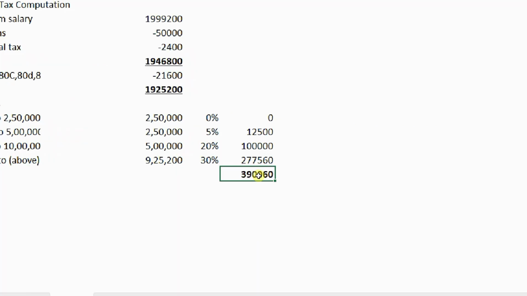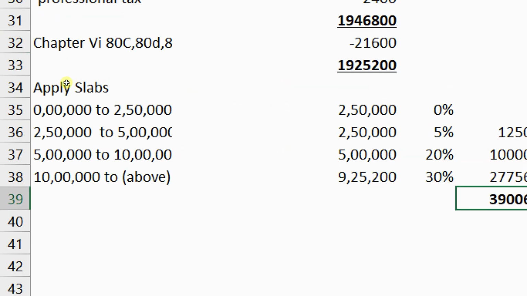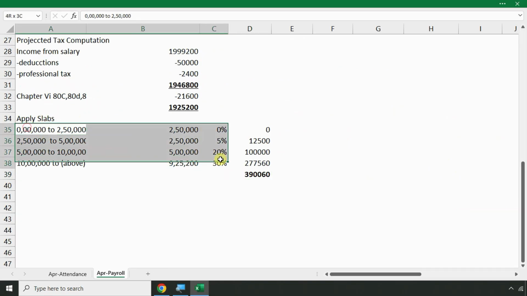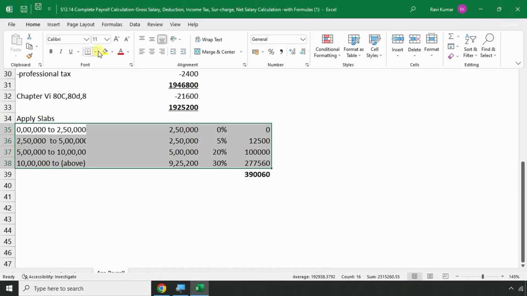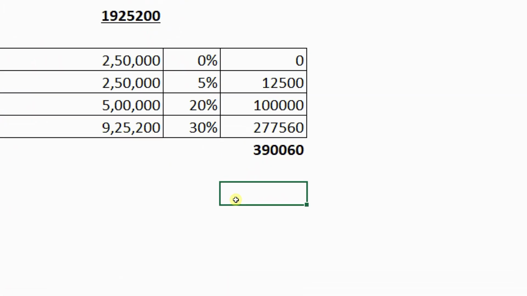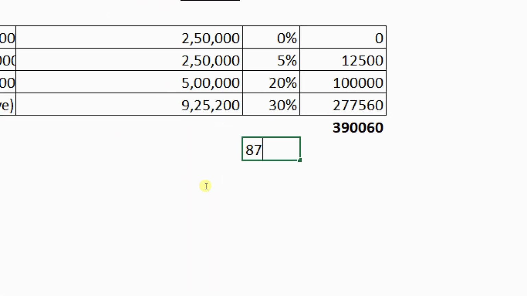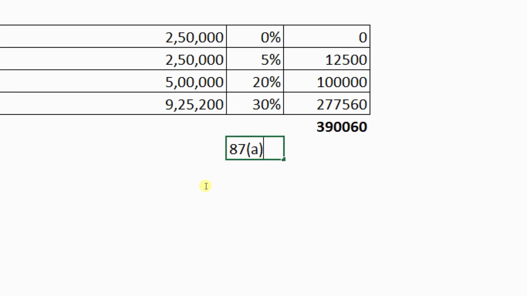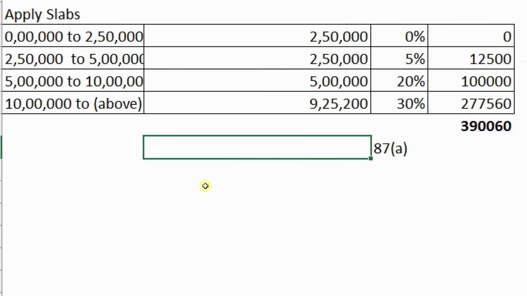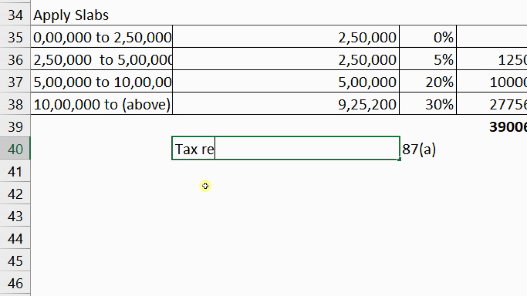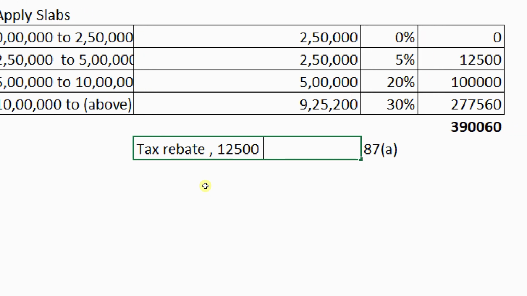This is a tax. Again there is a rule. 87A. Remember 87A? What is 87A? Tax rebate, tax discount, tax relaxation up to 12,500.